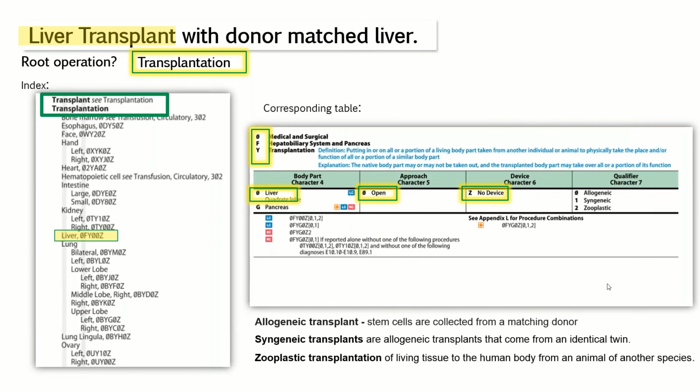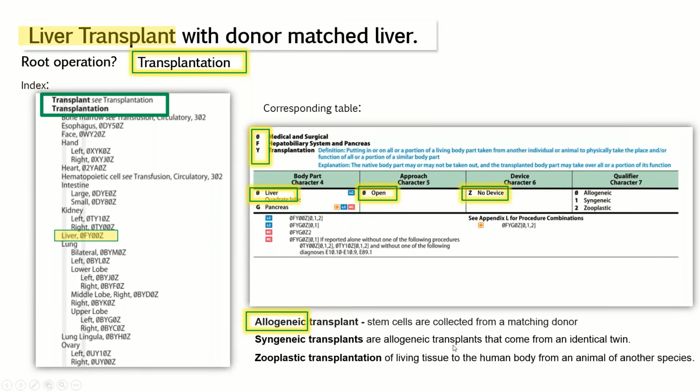So just so you know, here are the definitions of allogeneic, syngeneic, and zooplastic. Allogeneic are stem cells that are collected from a matching donor. Guess what? We have a donor-matched liver, so this is going to be the one we use. But just so you know, syngeneic are transplantations that come from an identical twin.